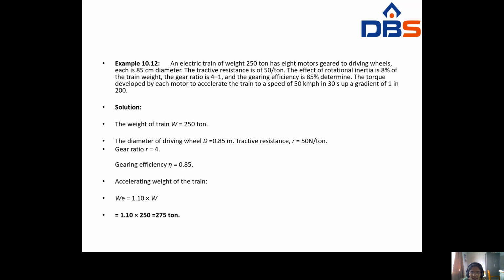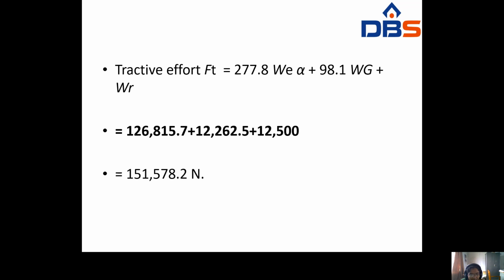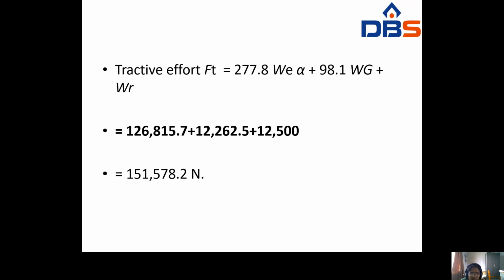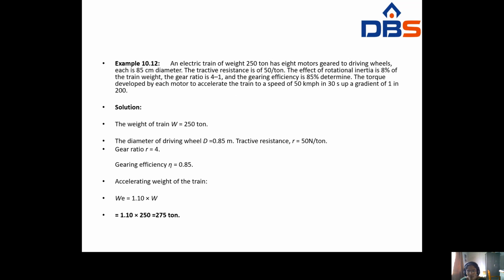Here you have to find the torque developed by each motor to accelerate the train to a speed of 50 km per hour in 30 seconds up a gradient of 1 in 200. That is the value you have to find in this problem.